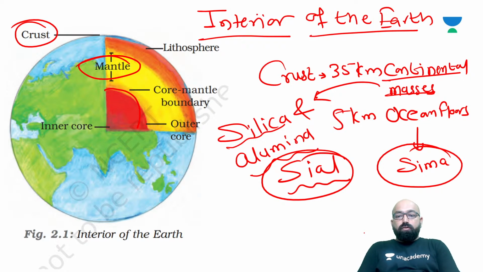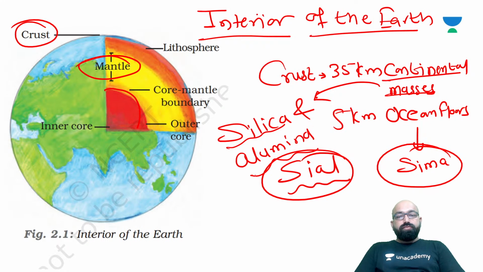It is mainly made up of nickel and iron, so it is called Nife. The central core has very high temperature and pressure.